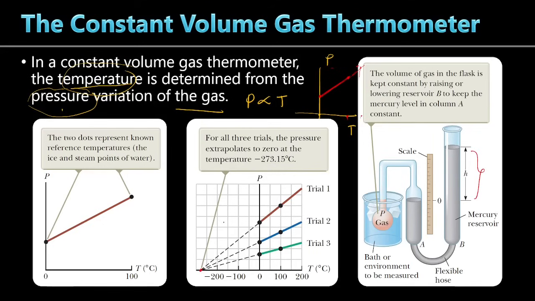However, noong mga panahon yon, hindi pa nila talaga nararating yung mga sobrang babang temperature. Pero ang napansin kasi nila, kahit anong gas ang gamitin nila, lahat ng graph ng mga yan ay nagko-converge sa point na ito. Lahat ng graph ng mga gases, kahit ano pang gas ang gamitin nila, nagko-converge. Ano ang ibig sabihin nito?